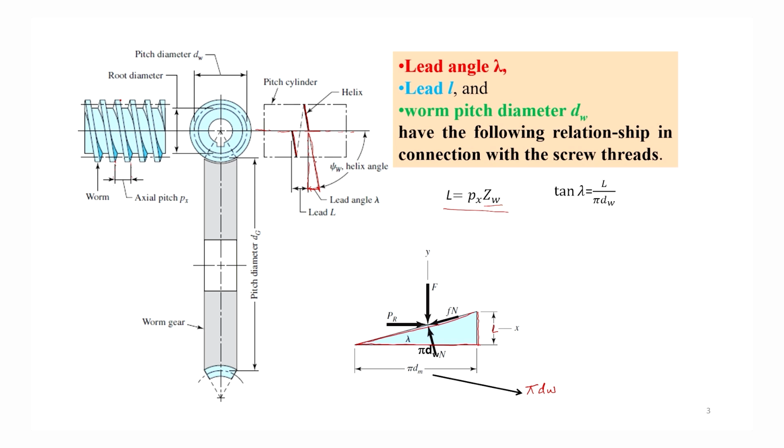Now, the angle made by a line which is tangent to the screw and the axis of the worm is called the helix angle of the worm. There is one very important relationship for the case of worm and worm gear: for a 90 degree shaft angle, the axial pitch Px is equal to the circular pitch of the gear.